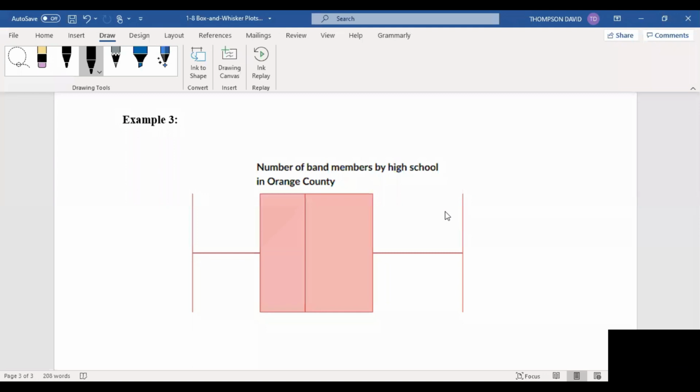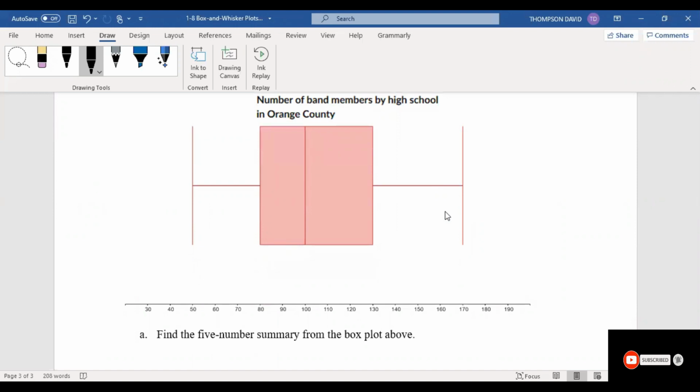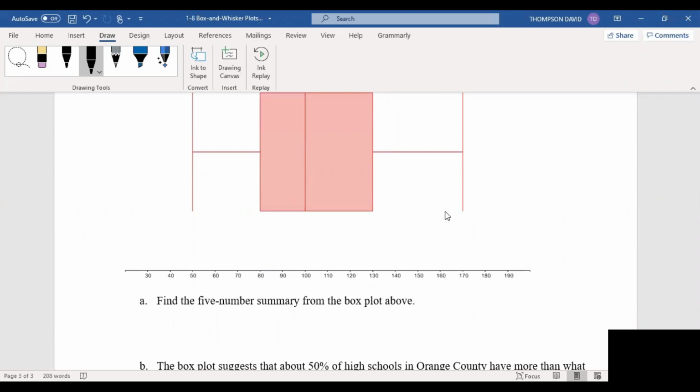Example 3. We're given a box plot and we're asked to interpret this box plot. So first we're going to find our 5-number summary. So let's start. We have a minimum, which we can see to be 50. You can see our quartile 1 is 80.